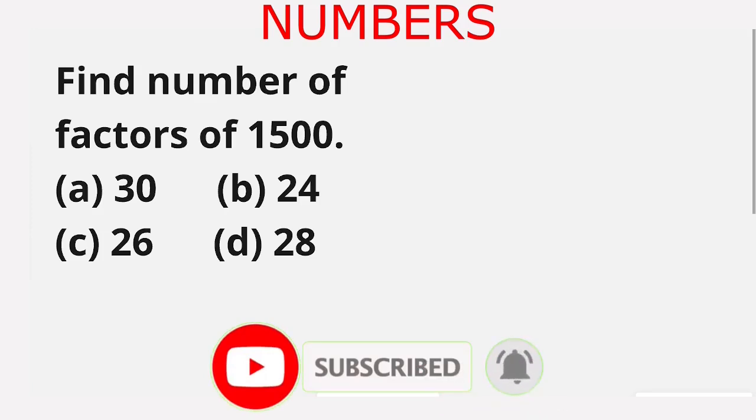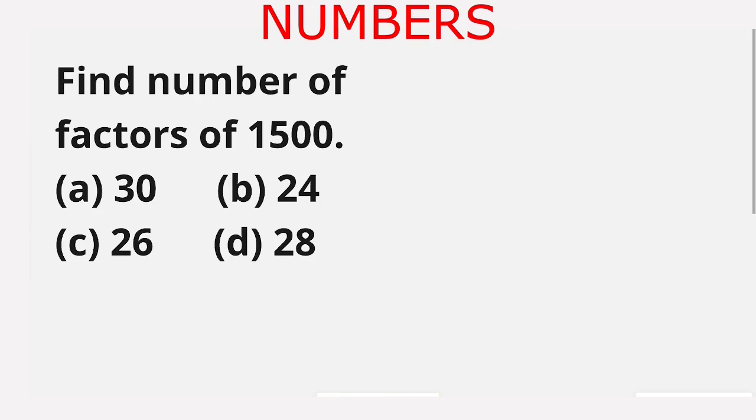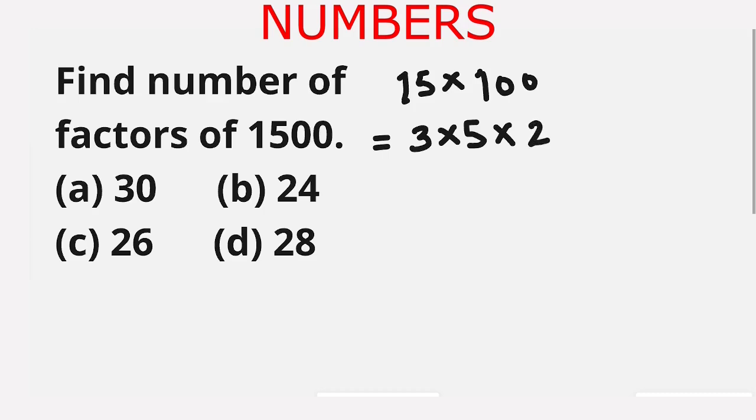First we will factorize 1500 into prime factors, and 1500 can be written as 15 multiplied by 100. 15 can be written as 3 multiplied by 5, and 100 can be written as 4 multiplied by 25, and 4 is 2 to the power 2 and 25 is 5 to the power 2.